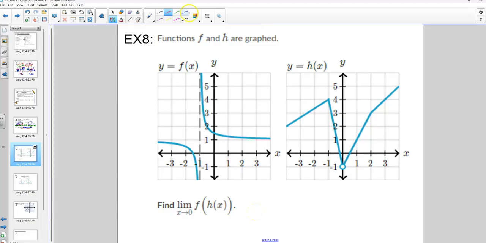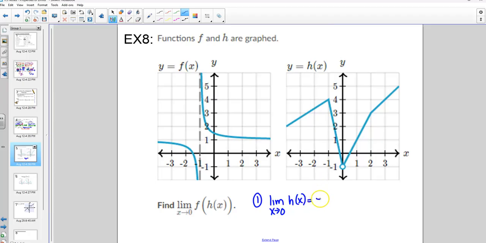So if we think about what we'll do here, we're doing the same thing that we did on the problems where we were plugging in those numbers, but we've got to get our answers from the graph. So the limit as x approaches 0 of h of x is the first thing that you're going to do. That's your first step. Do that limit of the inside. So what is my limit as x approaches 0 of h of x?